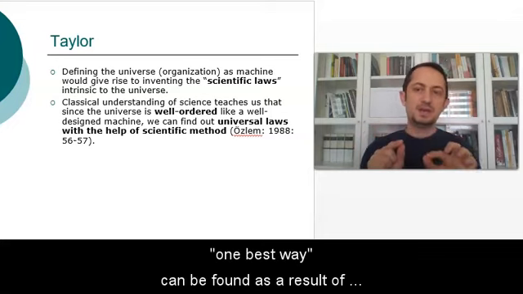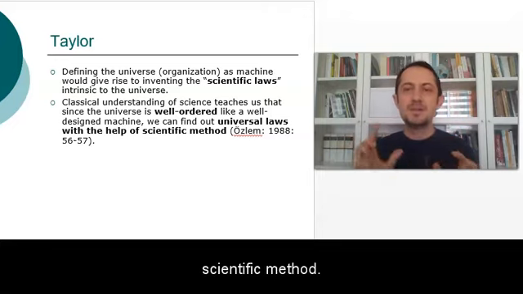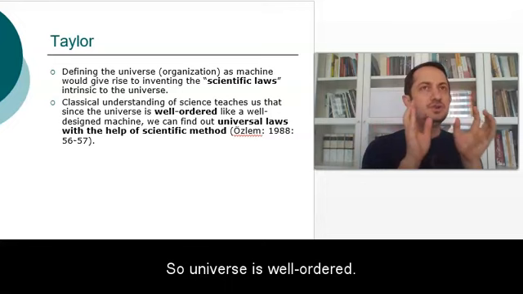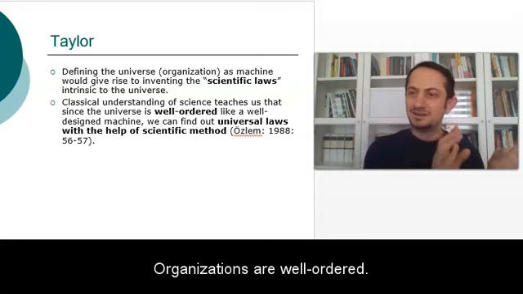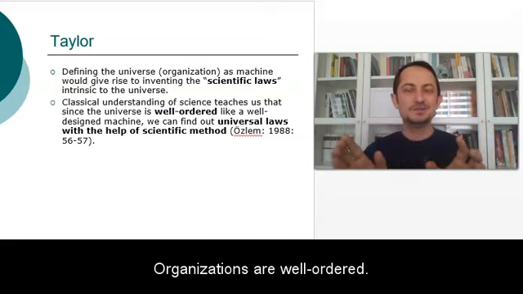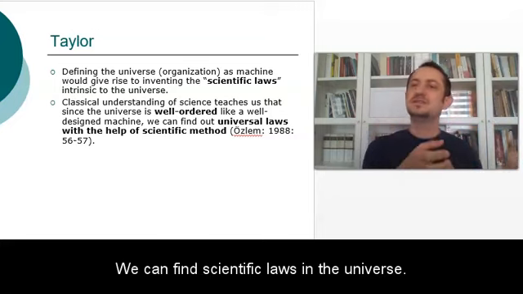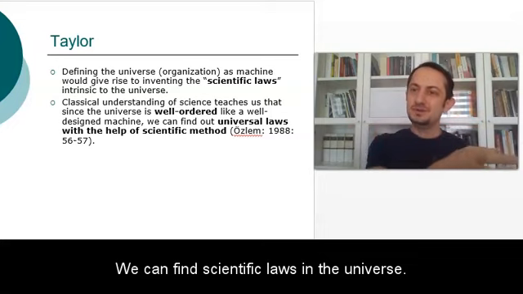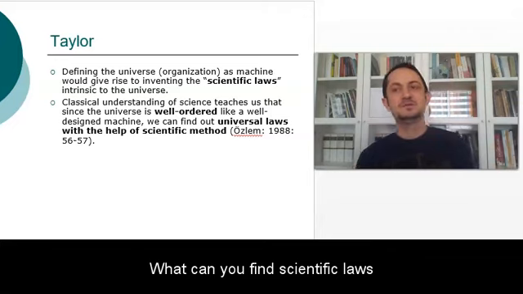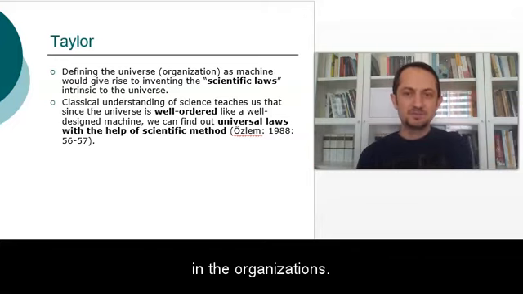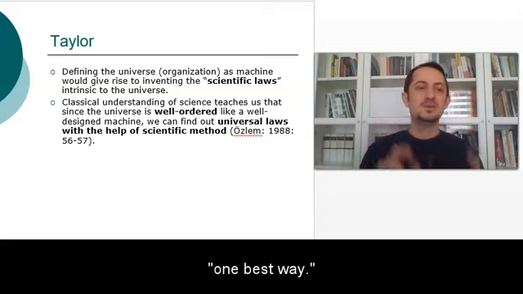One best way can be found as a result of scientific method. So universe is well ordered, organizations are well ordered. So we can find scientific laws in the universe, we can find scientific laws in the organizations, which can be called as one best way.